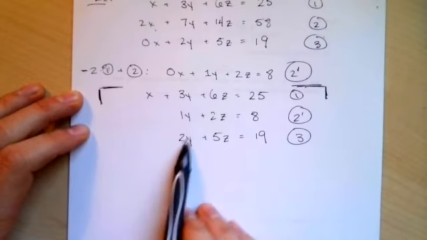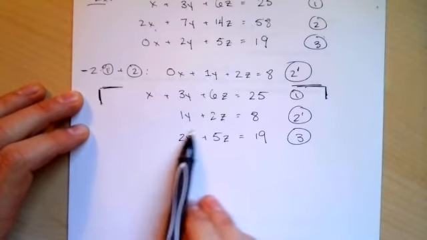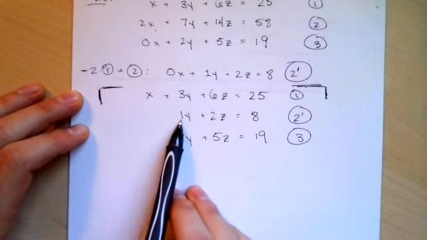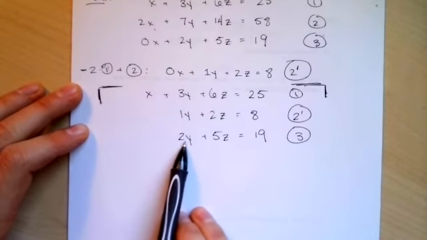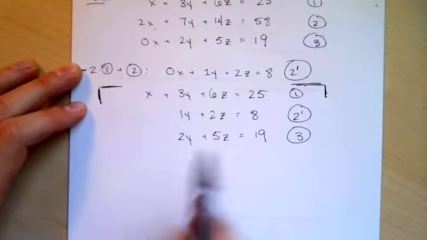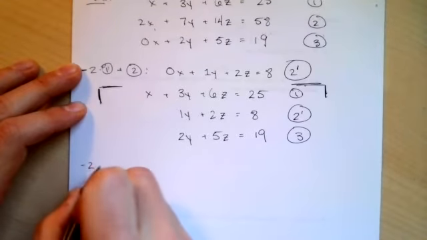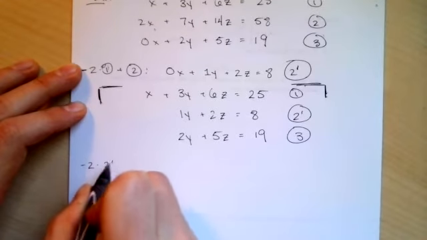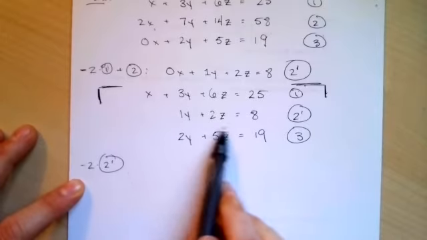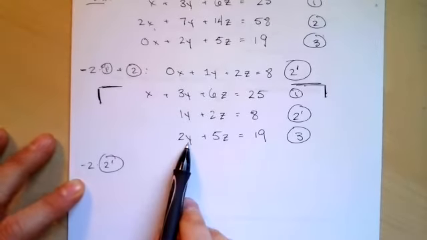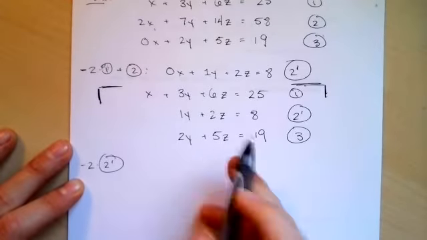So what we're going to do is get rid of the y's in equation 3. And we can do that fairly easily because there's a 1 here. In equation 3, we have 2 y's. So if I just take minus 2 times equation 2 prime, that'll give me minus 2 y's in that equation, so that when we add them, the y's will vanish.